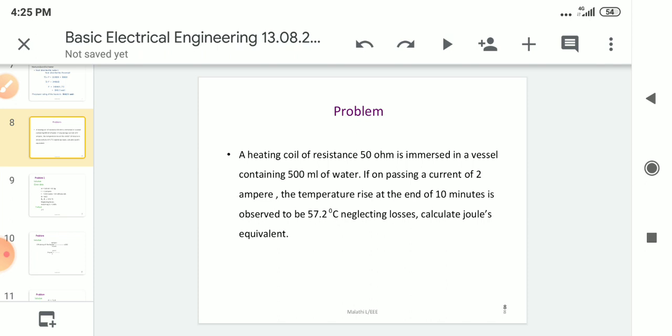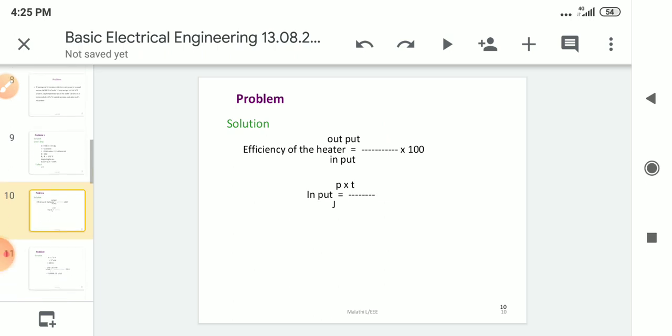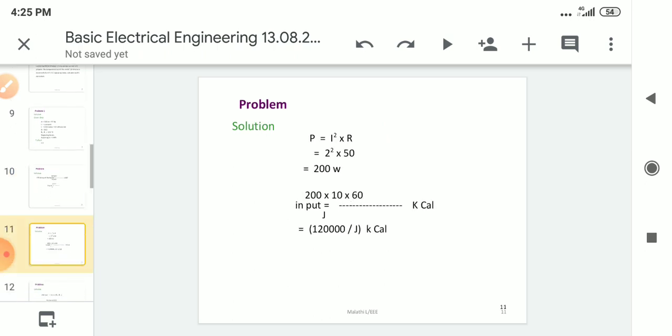For finding input the formula is power into time by J, P into T by J. After that, substituting the values, we get the input value.